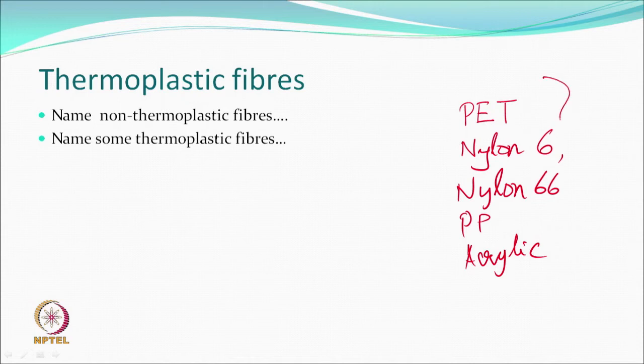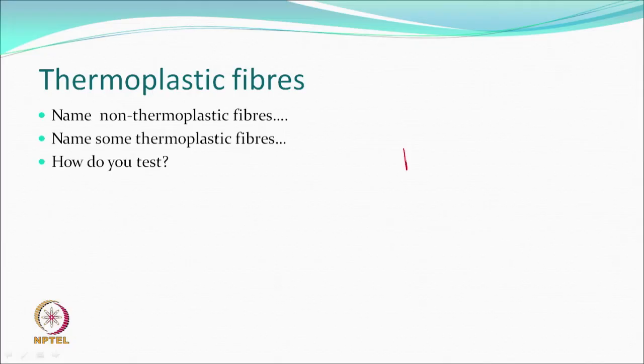These are all, we said, melt spun, this is not melt spun. So, is it thermoplastic? It is thermoplastic at temperature which have to be controlled, some changes obviously can be brought about within this system. So, thermoplastic fibers. So, if somebody says how do you test whether it is a thermoplastic fiber or not? Have you heard of this? Flame test.